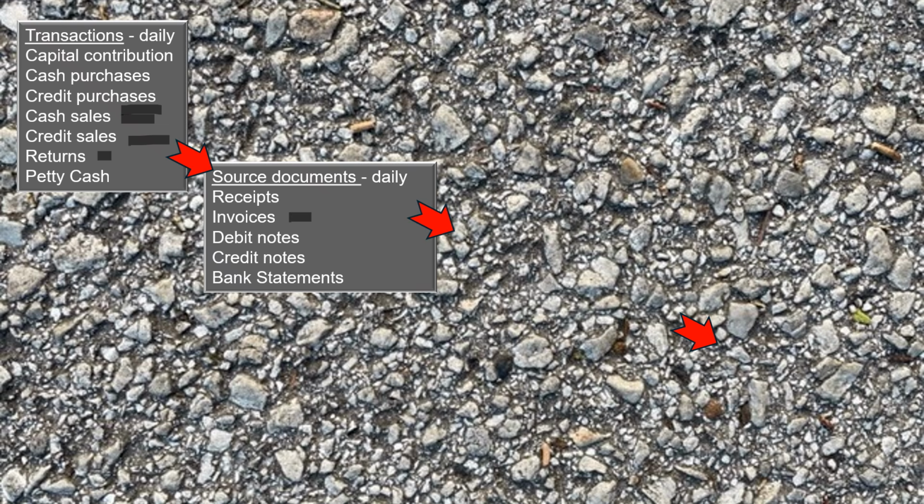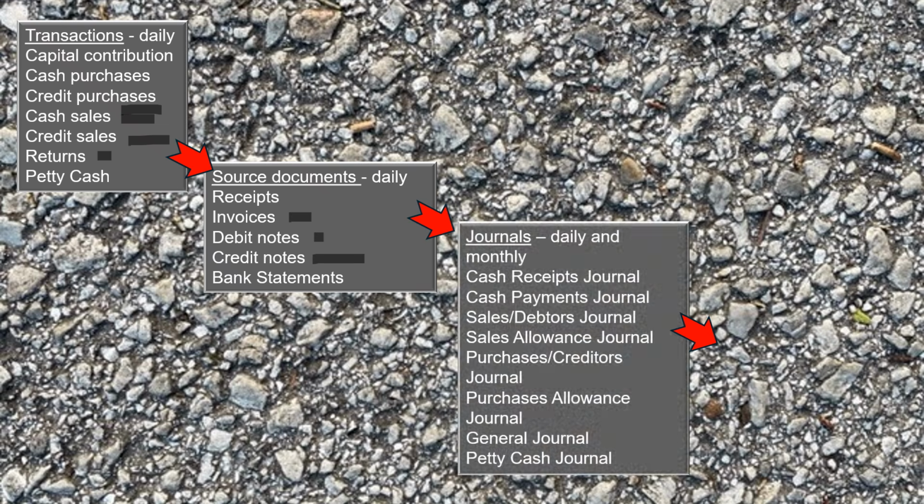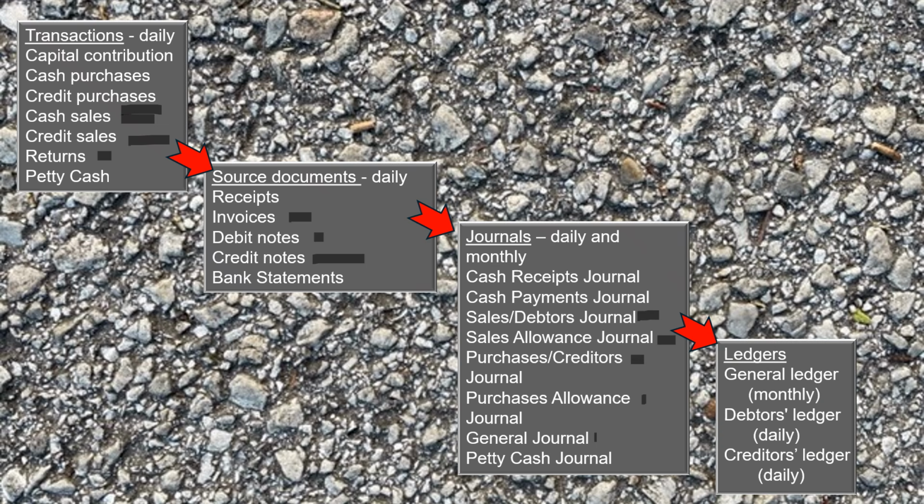Specifically here, we'll look at invoices, debit notes, credit notes, and then we're going to look at the sales or debtors journal, sales allowance journal, or debtors allowance journal as it's also known as, the purchases journal, purchases allowance journal, and the general journal. We might look at a debtor and a creditor's account. We will see.